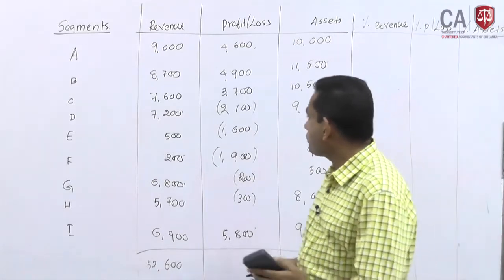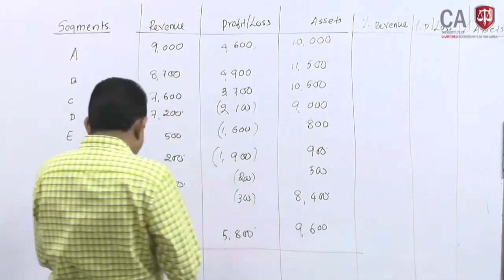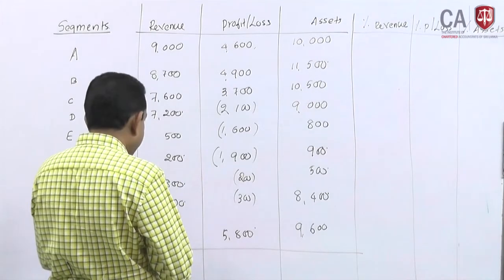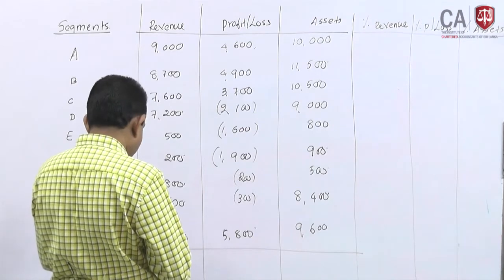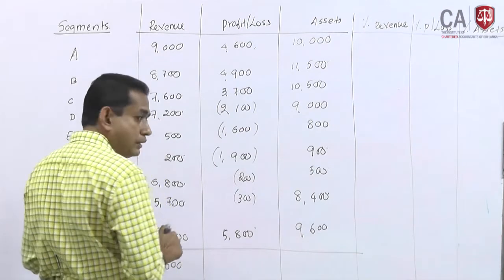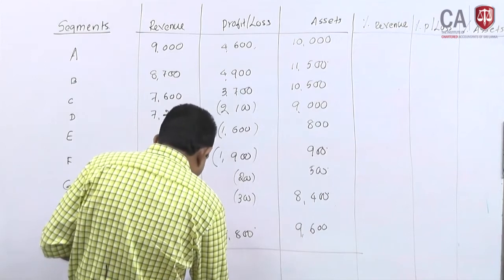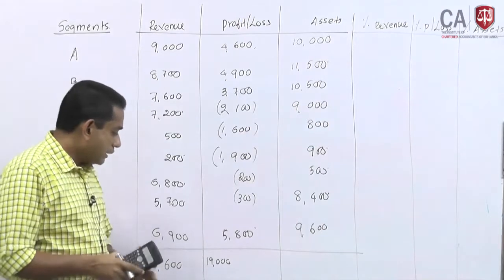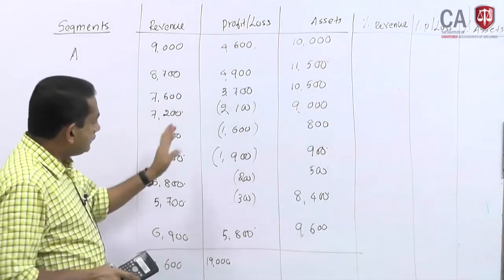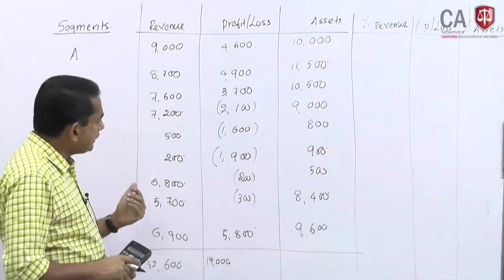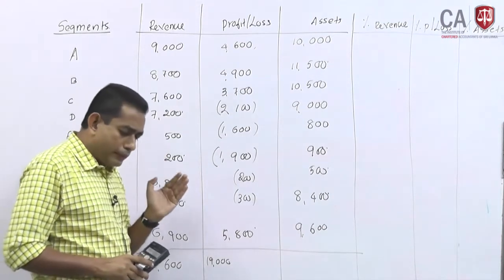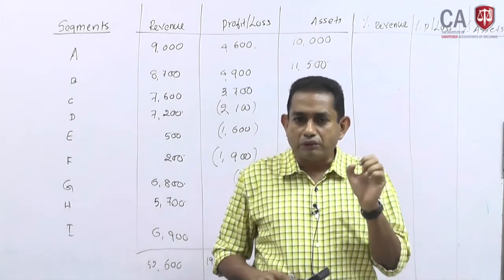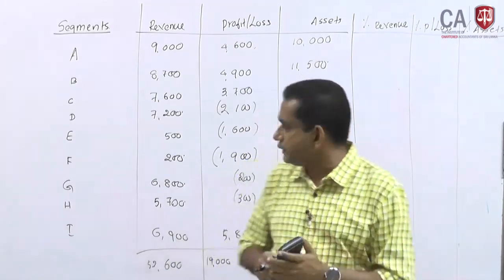and let me put the total profits down. 4,600 plus 4,900 plus 3,700 plus 5,800, 19,000 should be the total profits of the segments that reported only profits, and let me write it separately down. Then similarly you need to isolate the segments that reported only losses, and let us take the total losses of the segments that reported only losses.